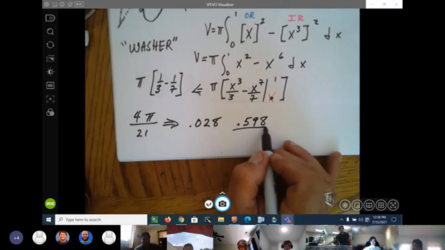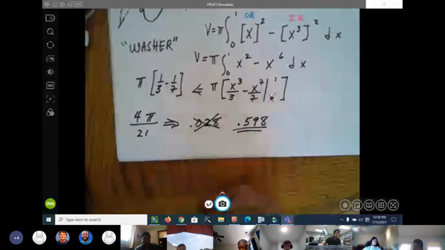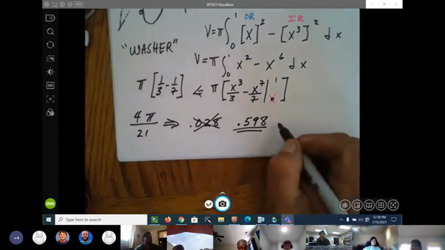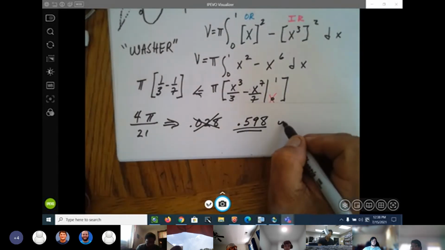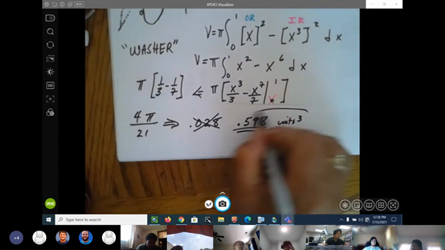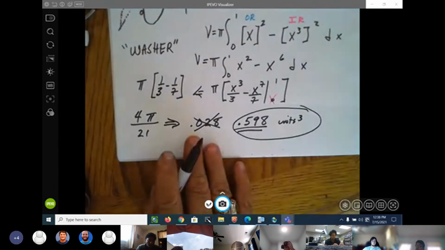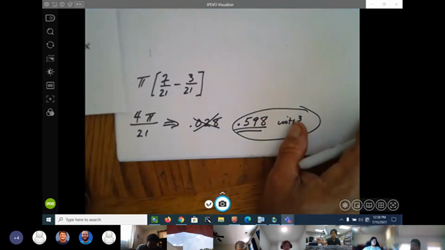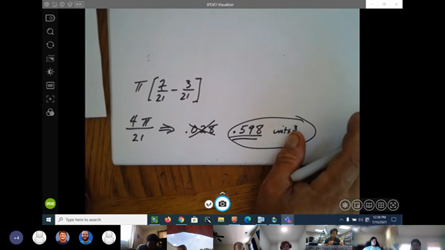My bad, I thought you said to the second power. Okay. So 0.598 cubic units. Yep. So if you wanted to draw it, I don't know if I could draw it or not.